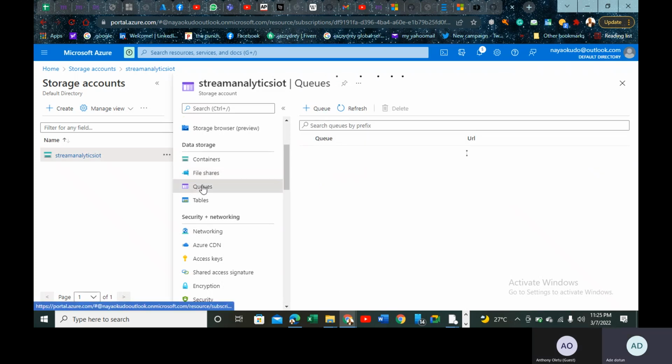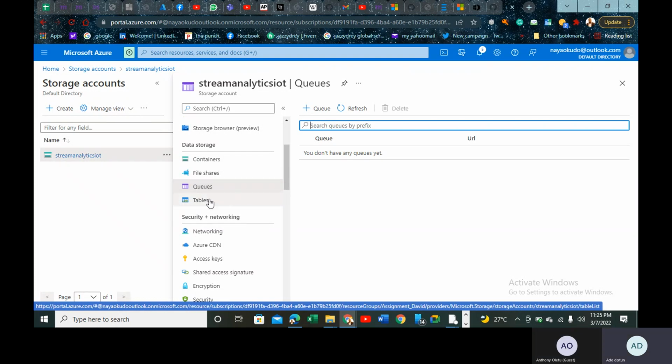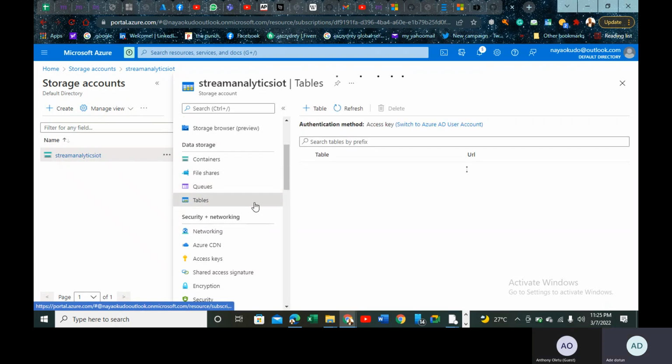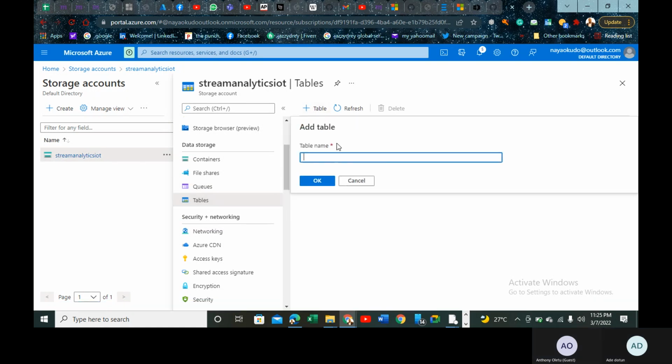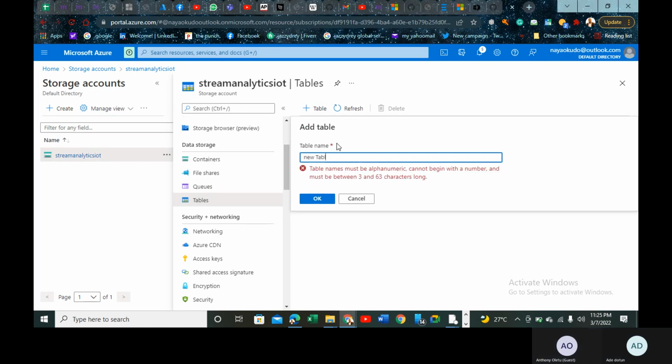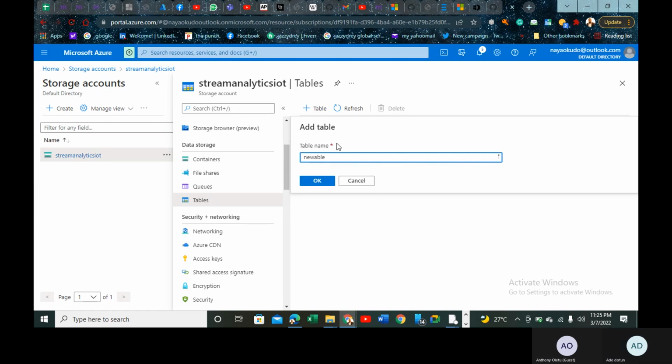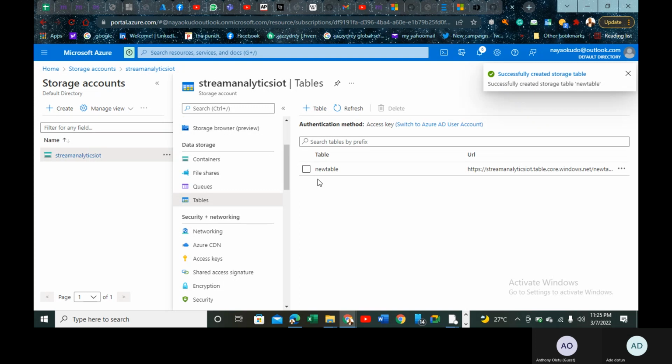Another one is queue. Then another one is table. So this is the Azure table. Let's see if we can create a table. Okay, so this table, now can you see the beauty?